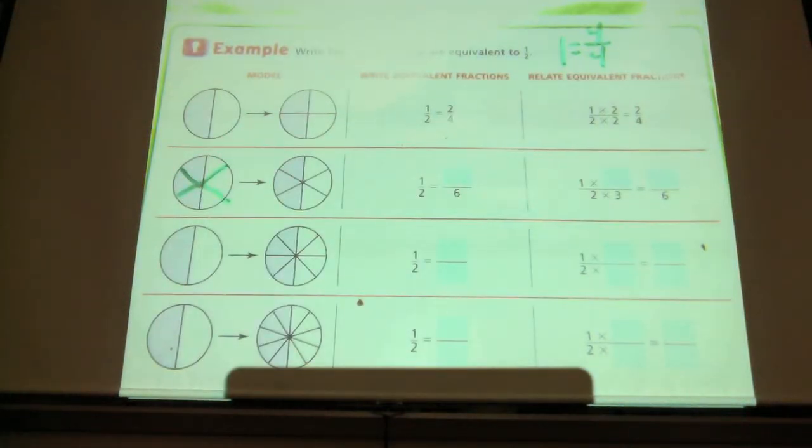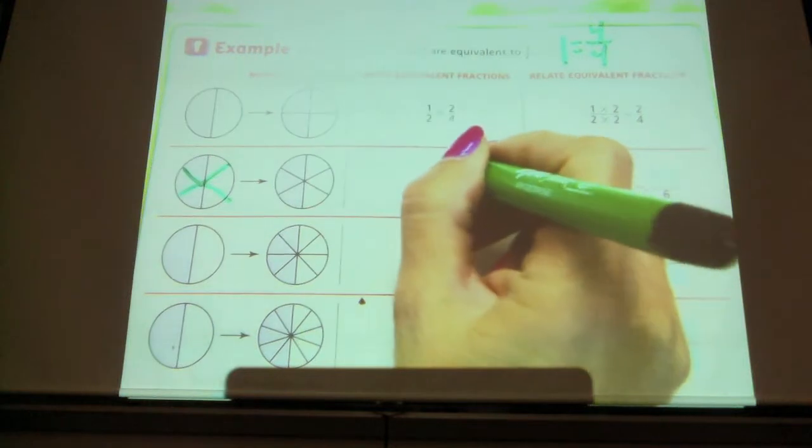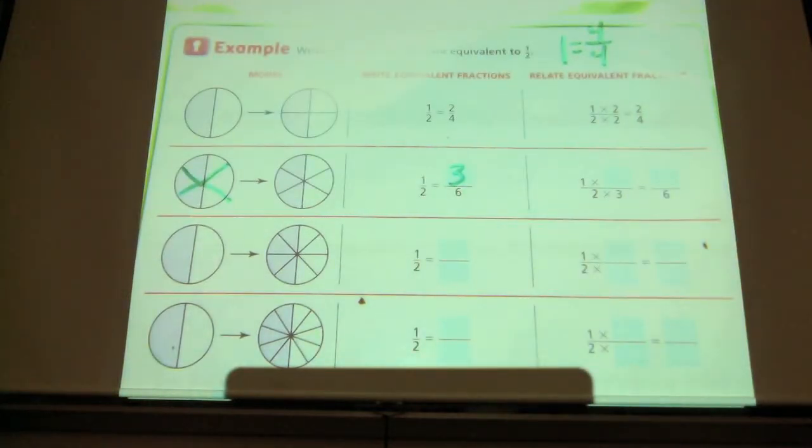How many total parts do I have now? I want you to think. Don't answer yet. How many total parts do I have? All right, how many? 6. How many total parts are shaded? 3. So my equivalent fraction is 3/6.